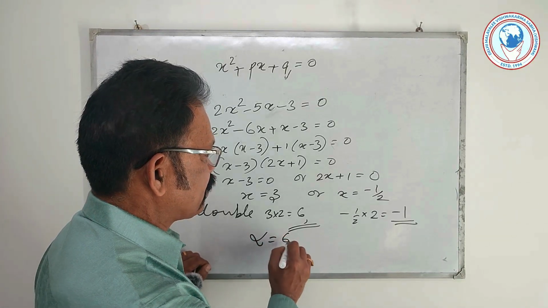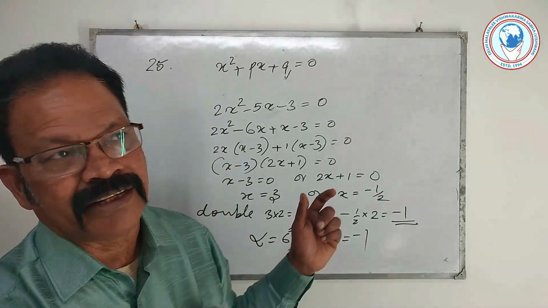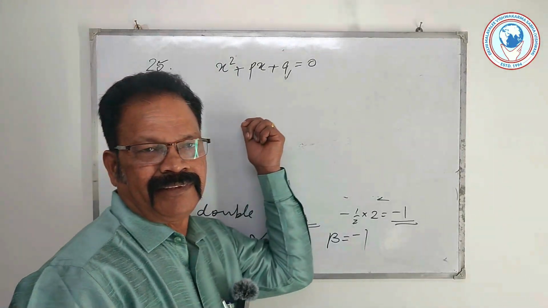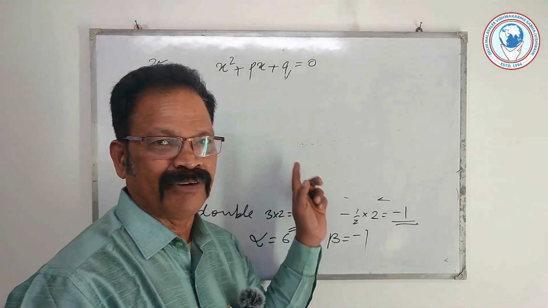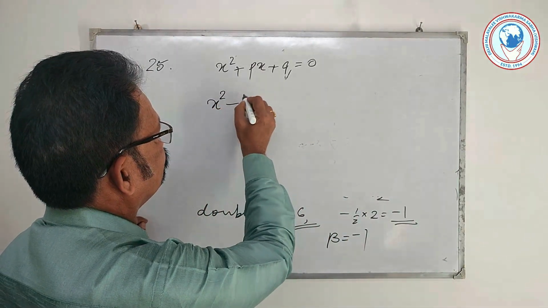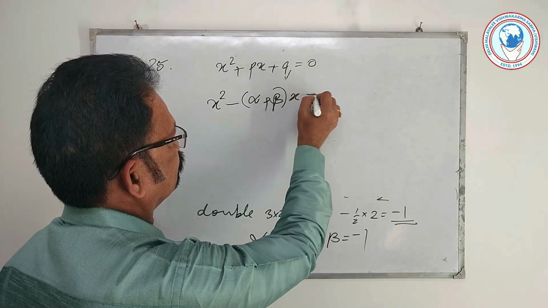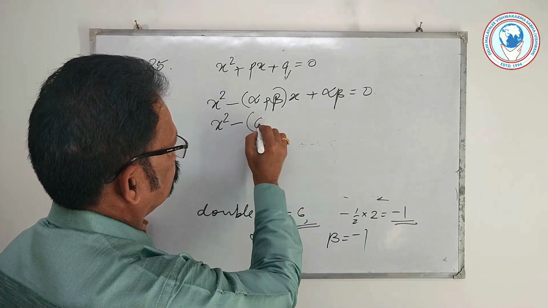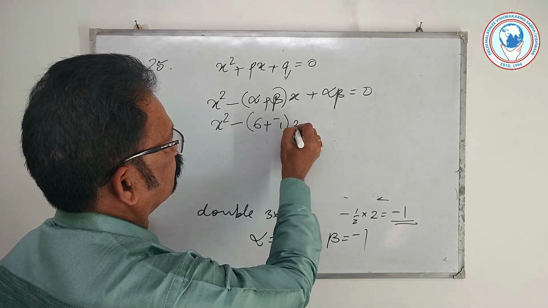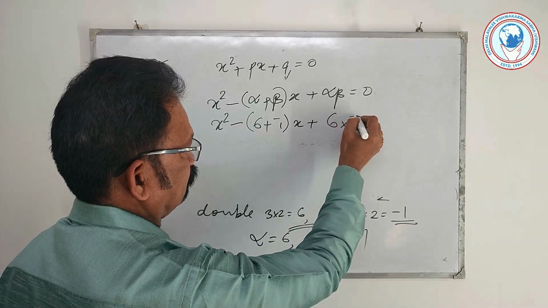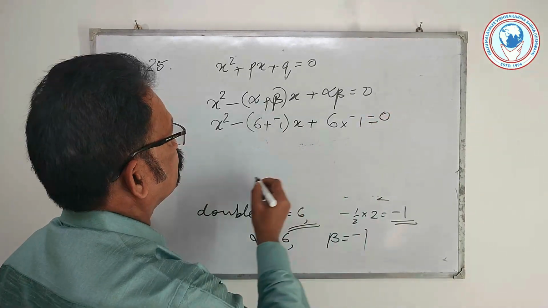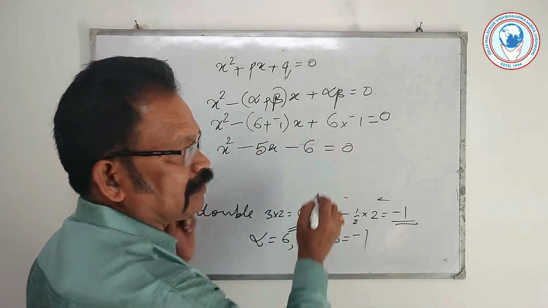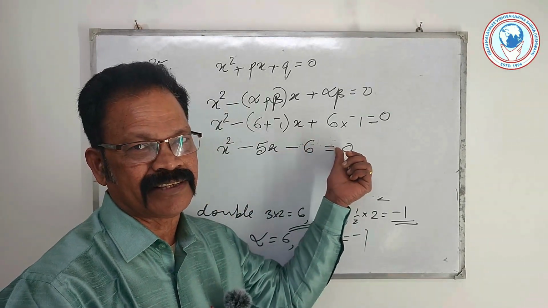So if we take alpha is equal to 6 and beta is equal to minus 1, then the equation will be x square minus (alpha plus beta) into x plus alpha beta equal to 0.